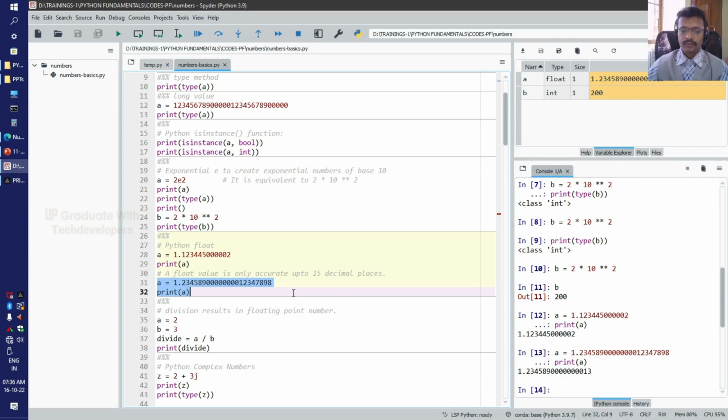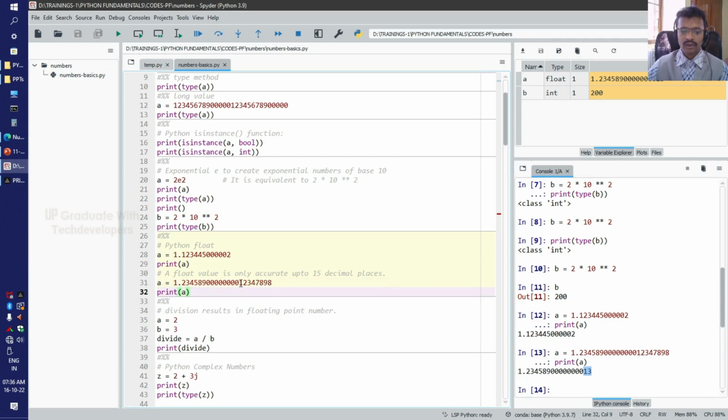So look at here, after the 15th decimal place, it rounds off the number. Look at the last two numbers: here we have 1 2, and then we still have 6 numbers, 3 4 7 8 9 8.